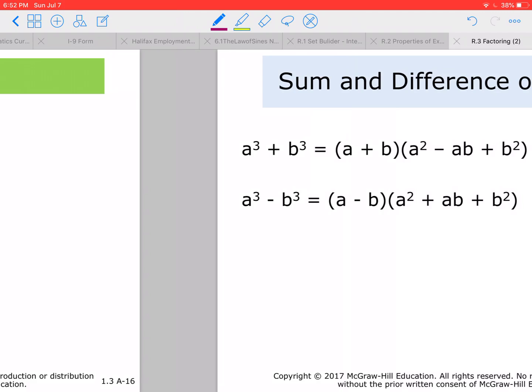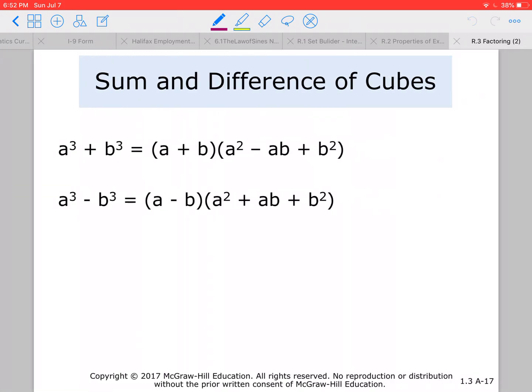Okay, sum and difference of cubes. With cubes, you can have a plus in the middle, okay? So, if you need to factor a sum of cubes, so a cubed plus b cubed, then that is a plus b.